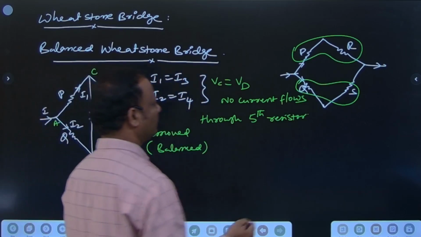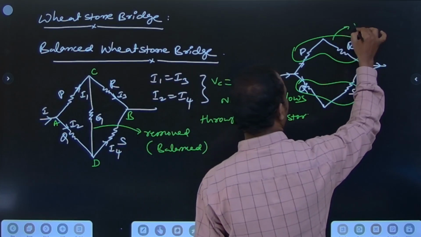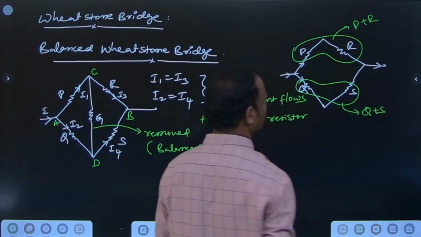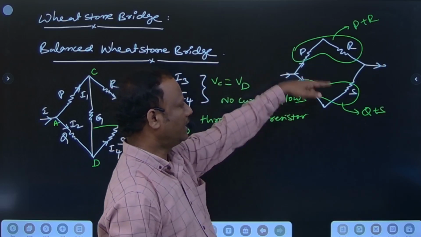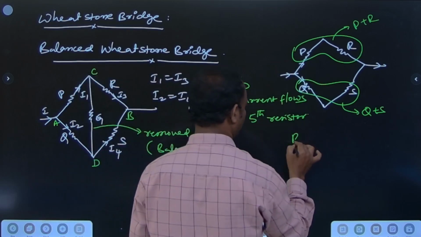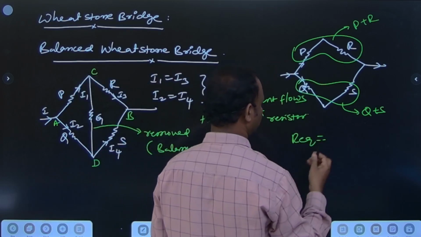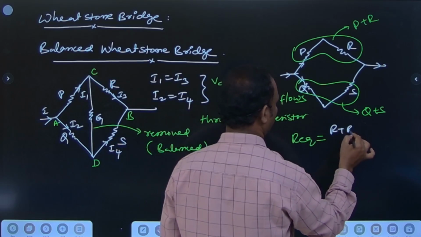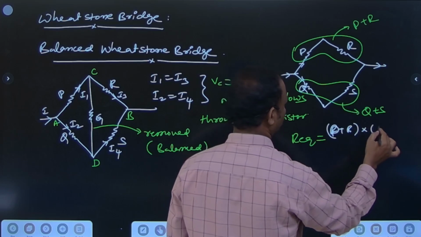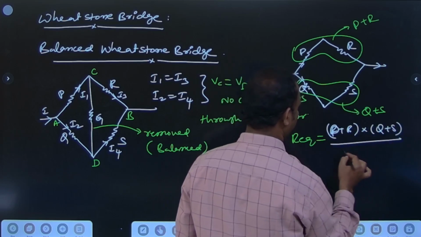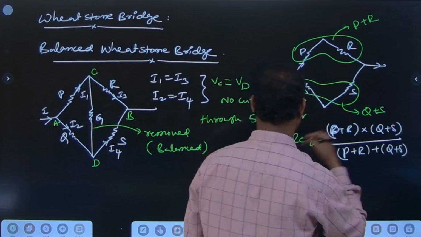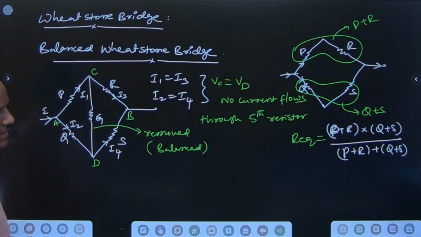What is the R equivalent? It is P plus R, and this is Q plus S. A and B in parallel means A into B by A plus B. So R equivalent is equal to P plus R into Q plus S by P plus R plus Q plus S. This is for the balanced condition.